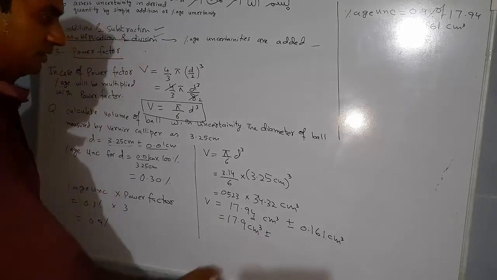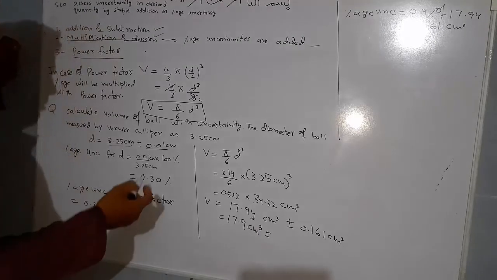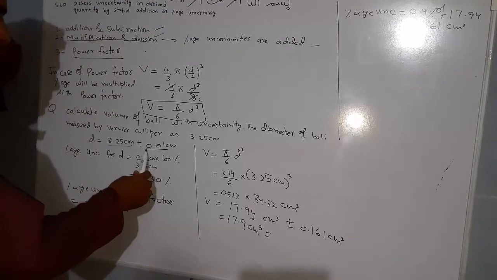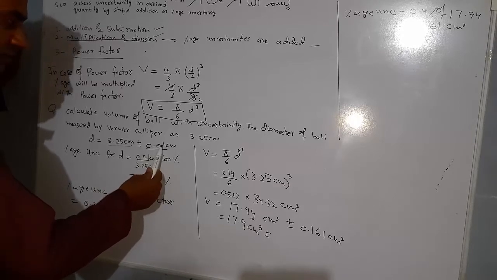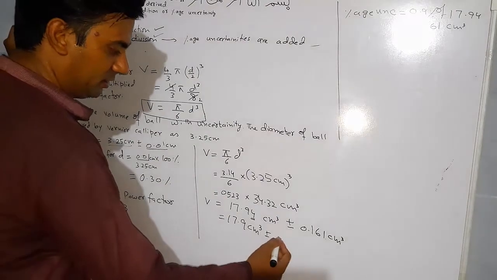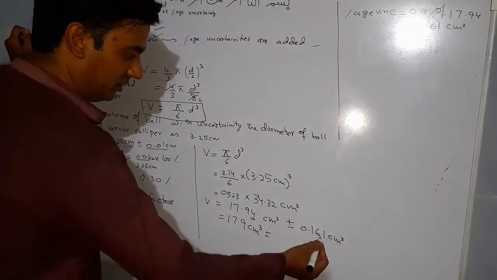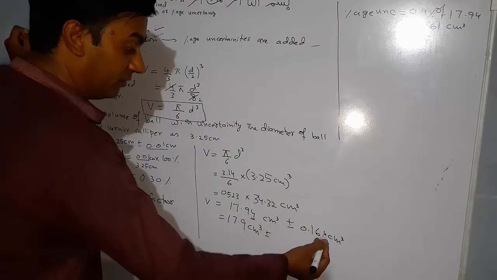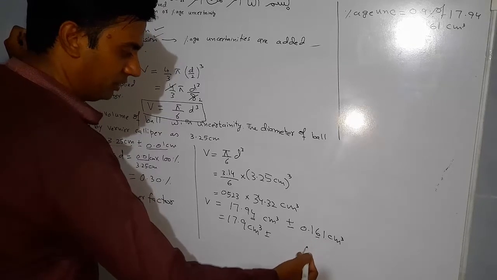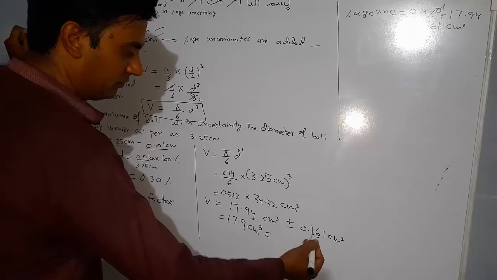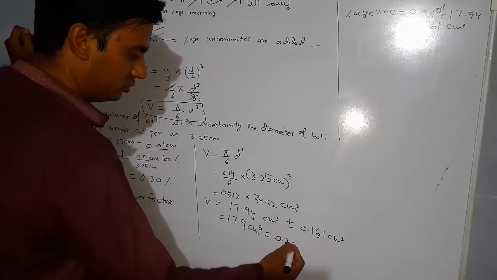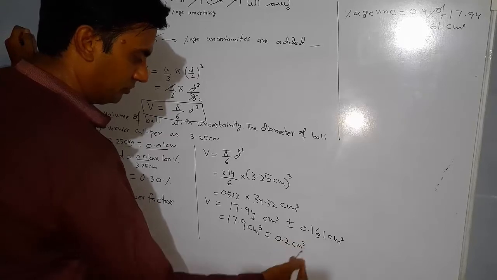The uncertainty is also given from a single source, 0.01 centimeter, meaning one significant figure. So we write the uncertainty in one significant figure. The 1 is less than 5, so simply drop it. Then we have 6, which is more than 5, so we add 1. The final answer will be 0.2 centimeter cube.